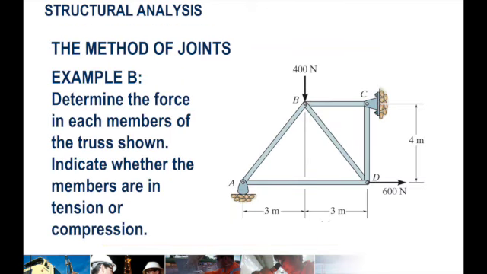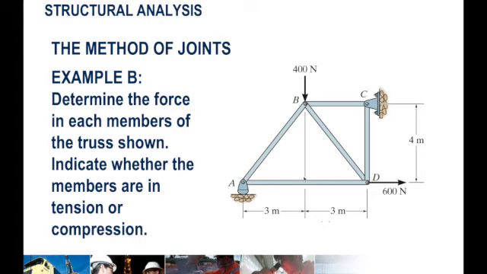So now let's proceed to example B for our method of joints example. The task is to determine the force in each member of the truss shown here. Indicate whether the members are in tension or compression, just like what we did from the previous example A. As you can see here, we can count that we have 1, 2, 3, 4, 5 members, so we'll be looking for 5 forces.